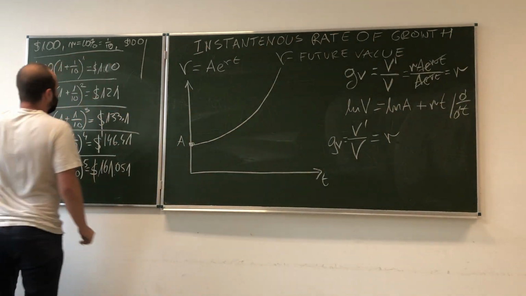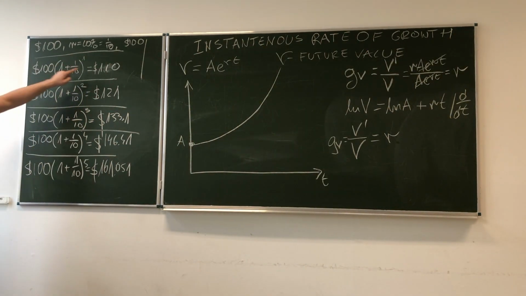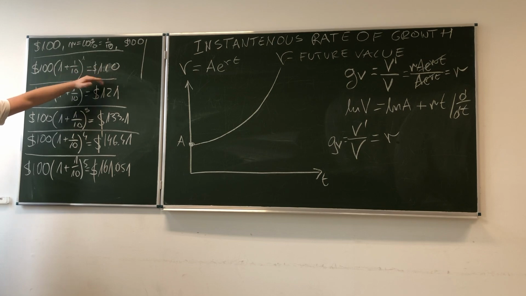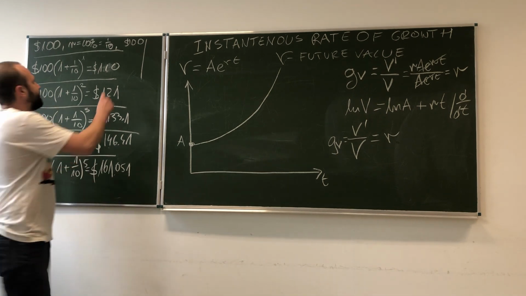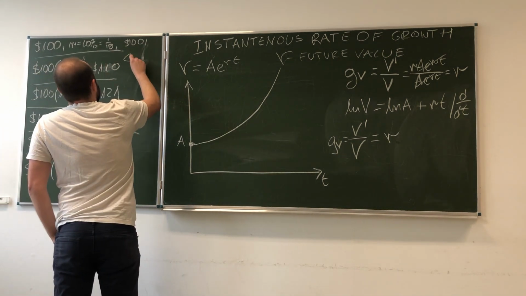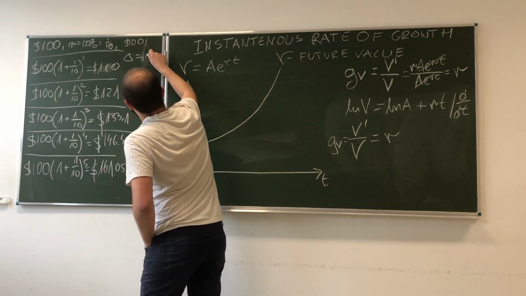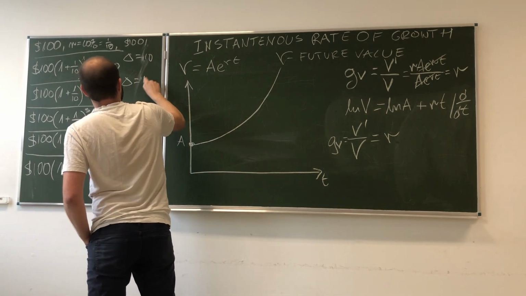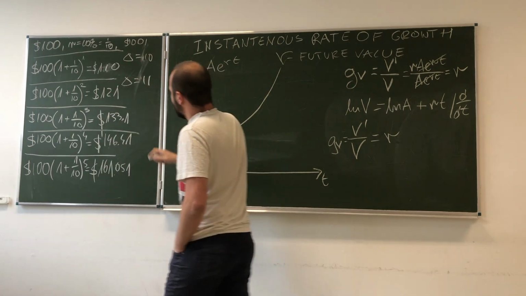Okay, but look, those increases, you see that the numbers are getting bigger, but not by the same amount. Look, first, we can say the delta here was $10, right? From 100 to 110. Then delta grew to $11.